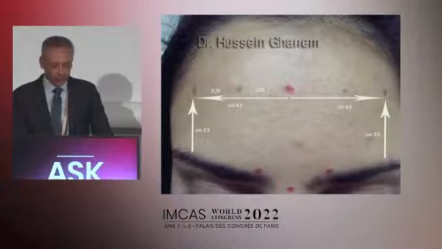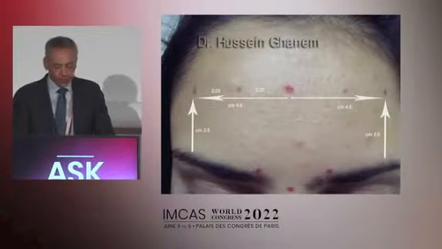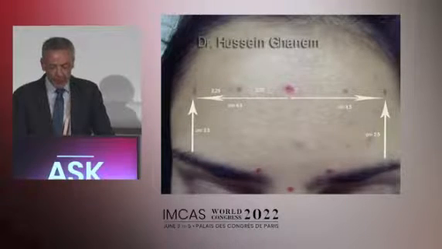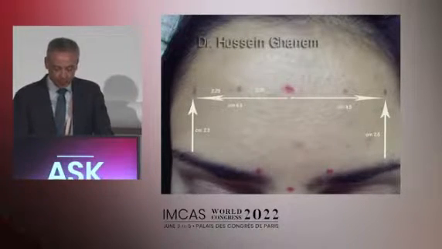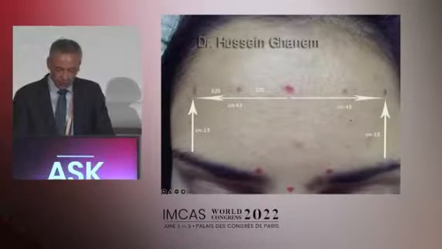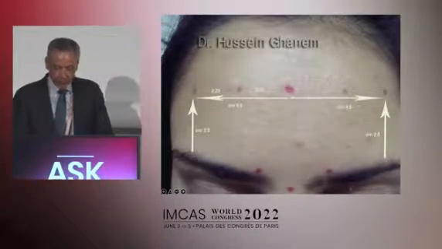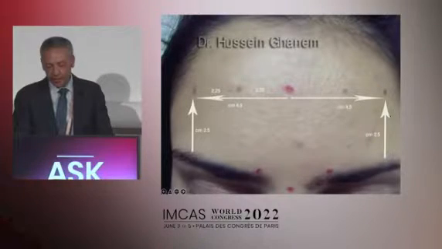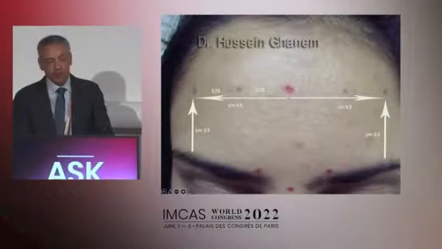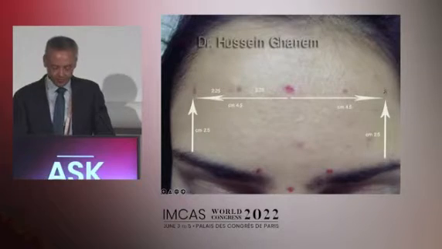So this is how we do it. I use a measuring tape, a disposable one, and take the measurements. If we stop at this point, the medial eyelid at the iris, then we will get compensation by elevation of the lateral eyebrows.